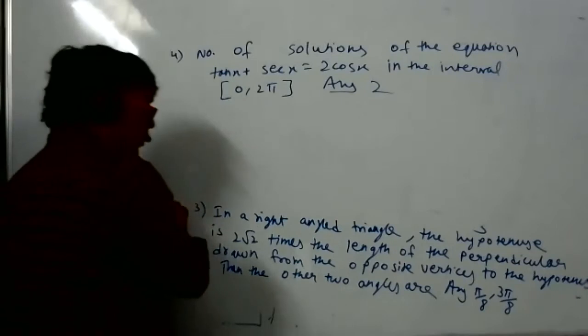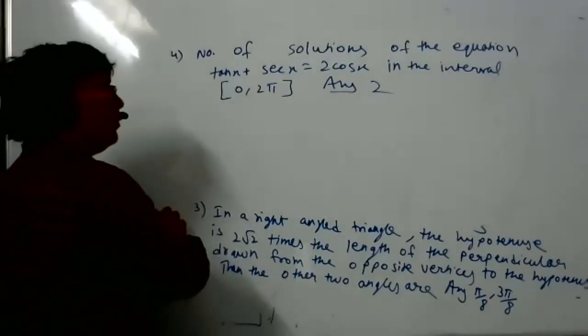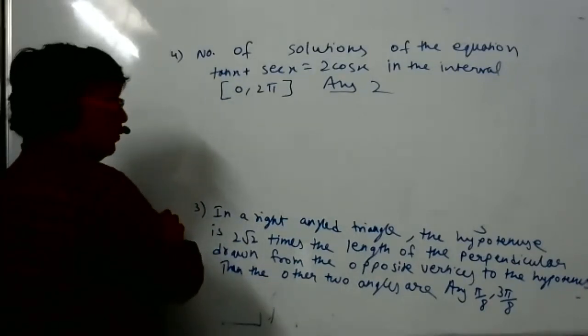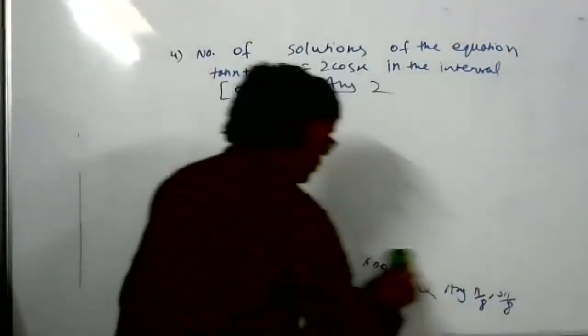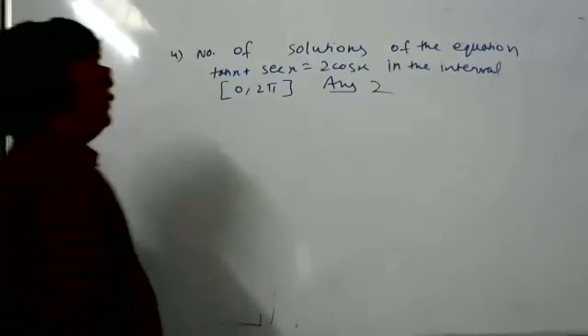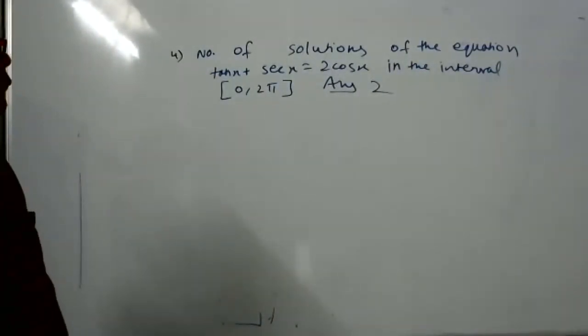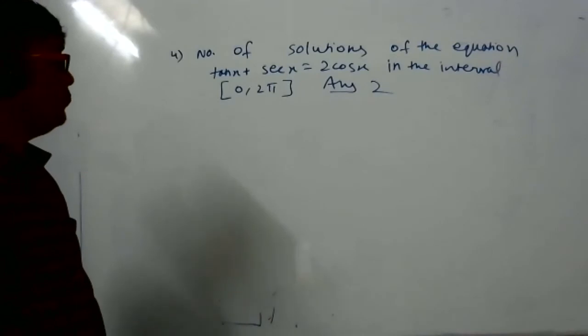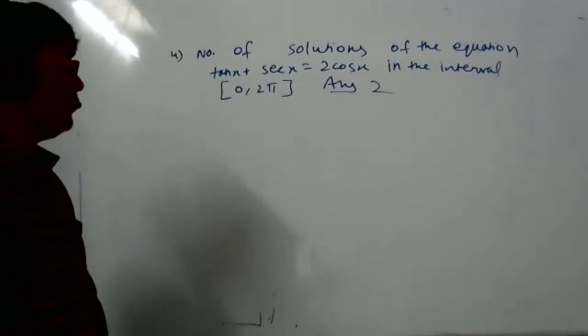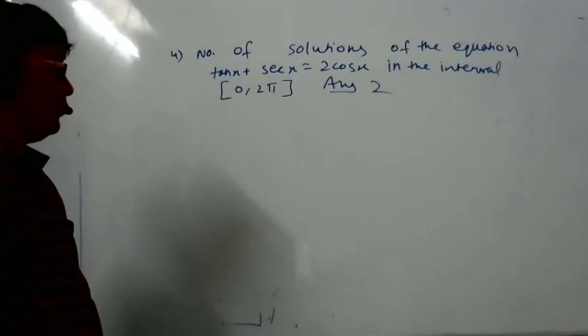Shall I raise the board? Sir, the last problem which you gave, all are real values until tan x is infinity. So we can consider that sec x is equal to 1 by cos, then the cos below will go to right hand side. Then we get 2 cos square x.